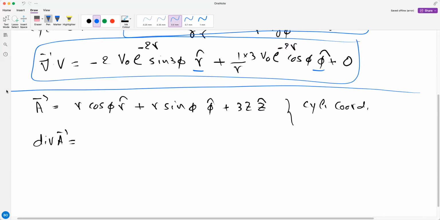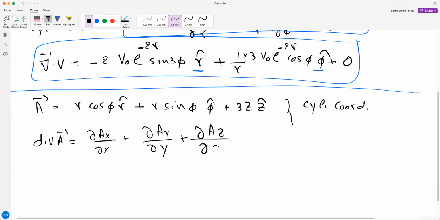It is important to know that the divergence of a vector in Cartesian form is the derivative of Ax with respect to x, plus the derivative of the y component with respect to y, plus the derivative of the z component with respect to z. This is in Cartesian coordinates. But our problem here is in cylindrical coordinates.